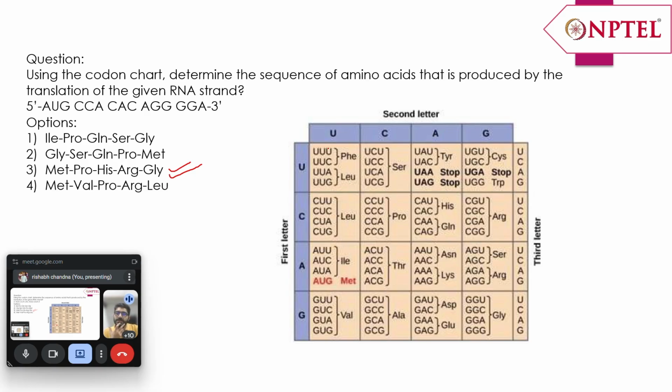So let's start with understanding this codon chart and how to read it. Okay. So as we can see, codons are basically a three letter sequence.